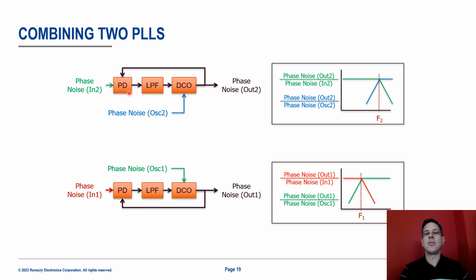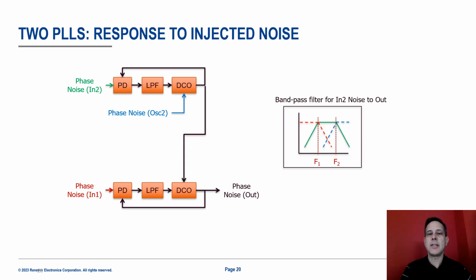Well, what if we had two PLLs running at different bandwidths or different cutoff frequencies? In this case, what if we took the output of one phase lock loop and used it as the oscillator source of another phase lock loop? By doing this, we can actually create what we call a band pass filter between the one clock and the other.